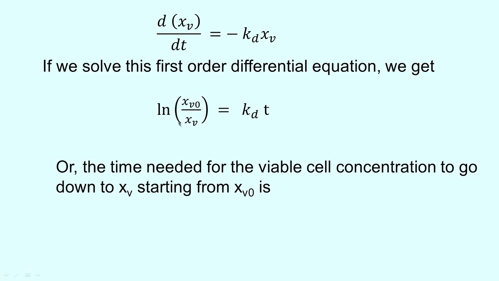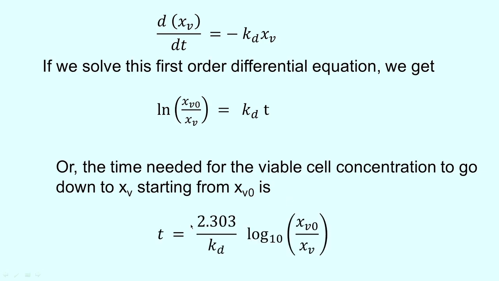Or the way to look at this from a design perspective is the time needed for the viable cell concentration to go down to x v, starting from x v naught when the process started, is nothing but, I am converting the natural log to log base 10. You know that the conversion factor is 2.303.